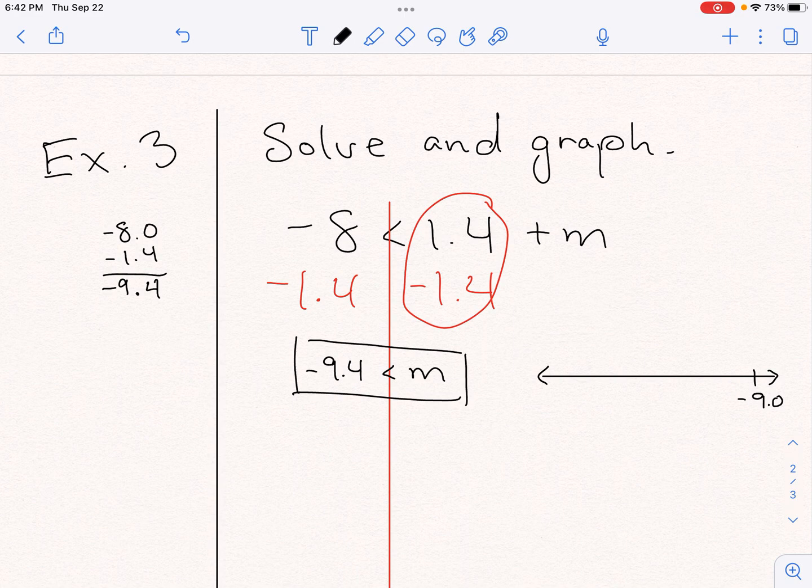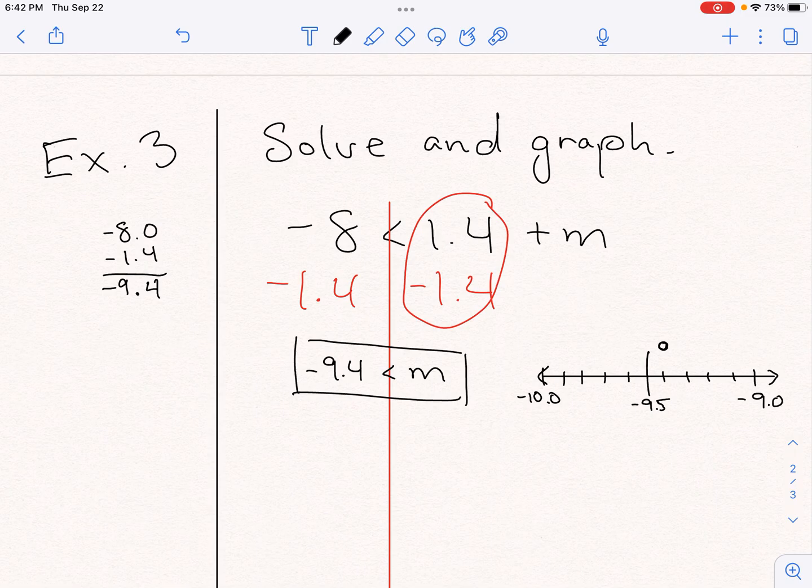So this will be negative 9.1, 9.2, 9.3, 9.4, 9.5, 9.6, 9.7, 9.8, 9.9, and this is negative 10.0. This is negative 9.5. So negative 9.4 is going to be right here. Open circle, since it doesn't have equal to. Negative 9.4 is less than m.